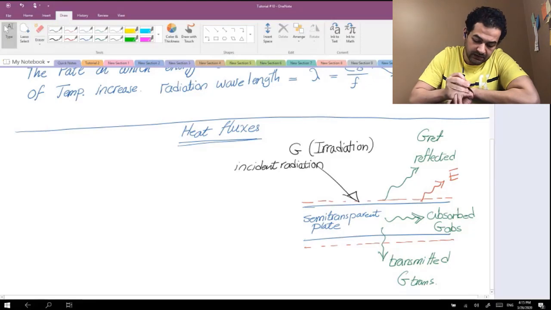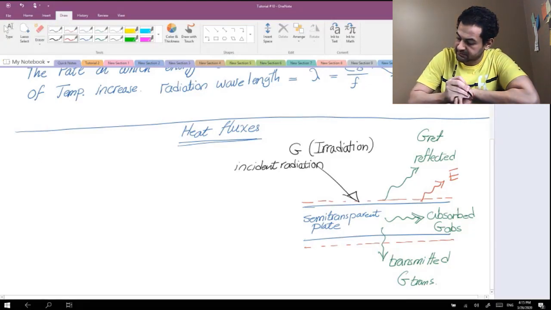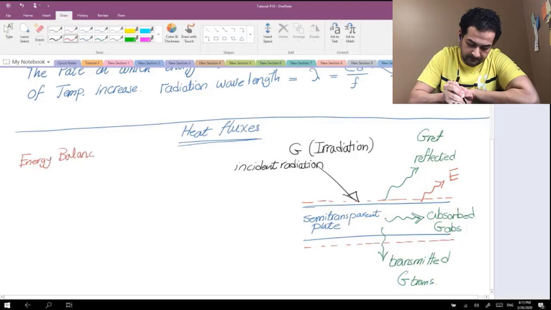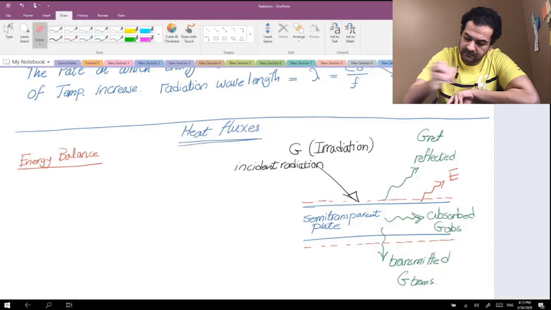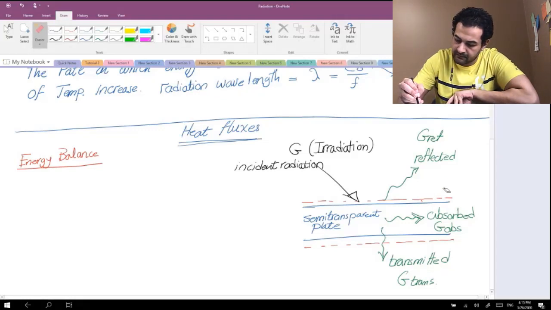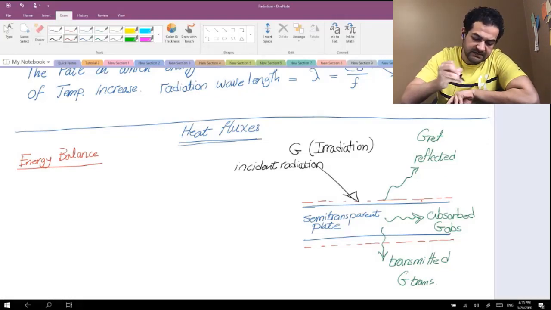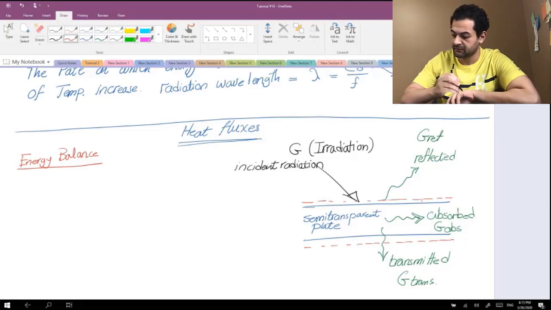So when we are doing an energy balance on that flat surface, let's not include the emissivity right now. I will include it later. I don't want you to be confused for now.